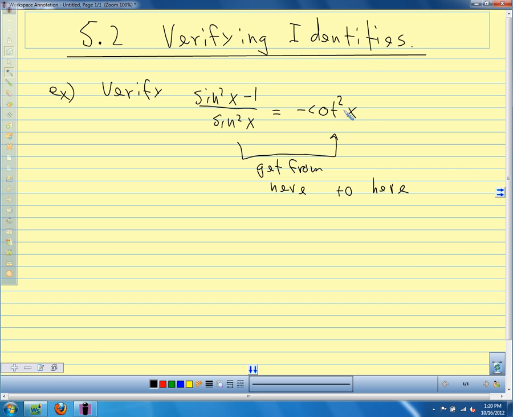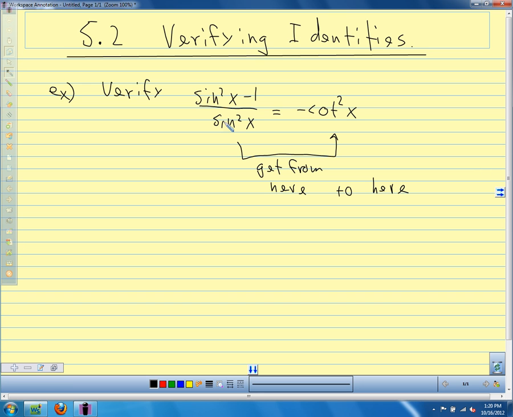Our guidelines tell us we're working on one side of the equation at a time. So we're not adding or subtracting from both sides of the equation. We don't divide on both sides of the equation. We don't know for sure that they're equal. We want to show that I can change this somehow into this. I don't know going in that these two things are equal. I want to show how I can get from this to this. So we only work on one side of the equation at a time.